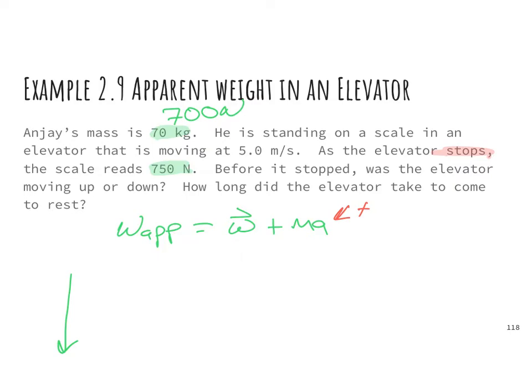So that answers half the question, but it also asks, how long did the elevator take to come to rest? For that, we're going to need the acceleration, so let's go ahead and solve for that.